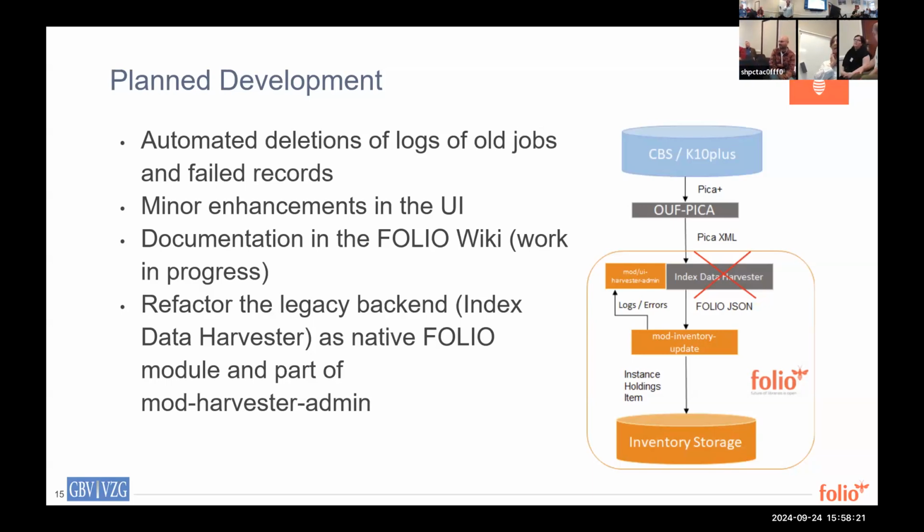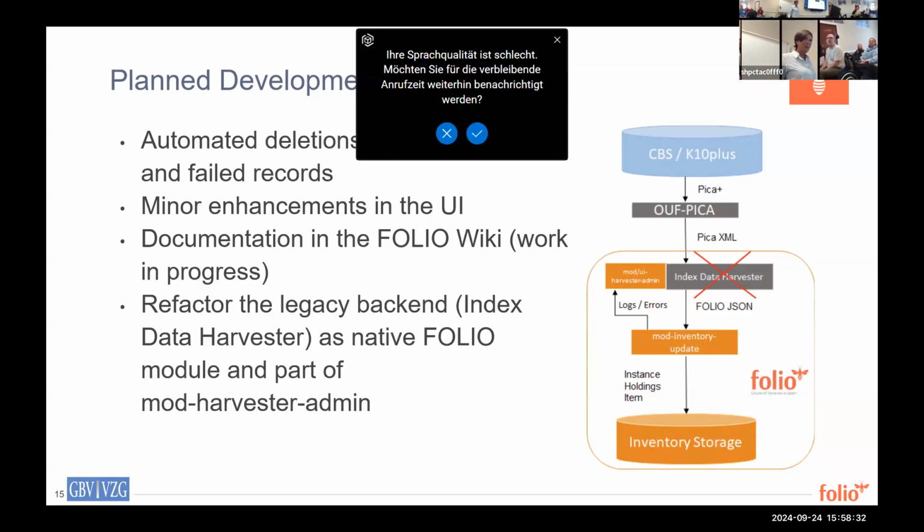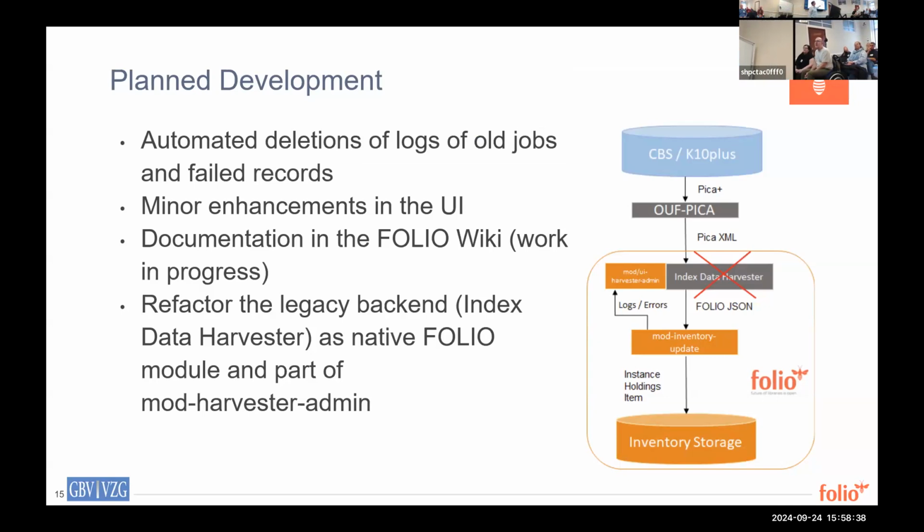I'm sorry if maybe you said this, but where do you configure the protection events? Is that in the Harvester Admin app as well? The deletion protection? It is in a way configured in mod-inventory-update by Index Data.